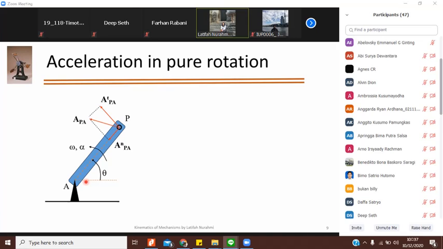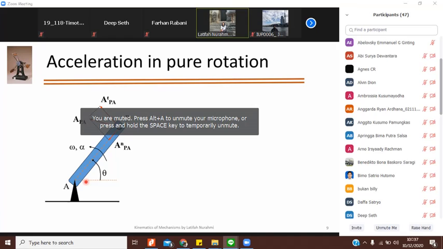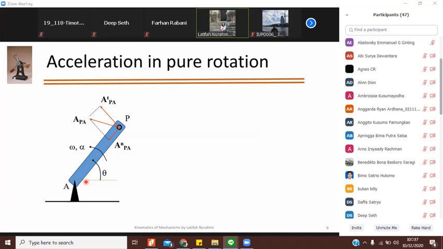And from these two accelerations, tangent and normal, this is what we call the total acceleration or resultant. So both are the same. To find the total acceleration, you have to find the square root of the sum of squares of the tangential acceleration and normal acceleration.